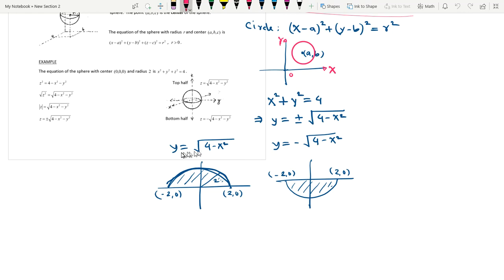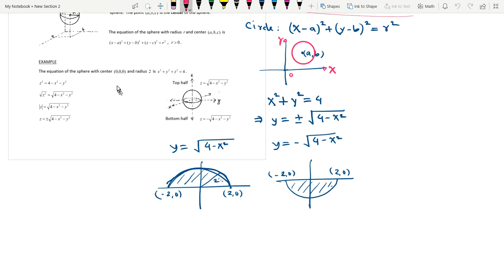This equation represents the half circle which is above the x-axis. Similarly, this one represents the half circle which is below the x-axis.